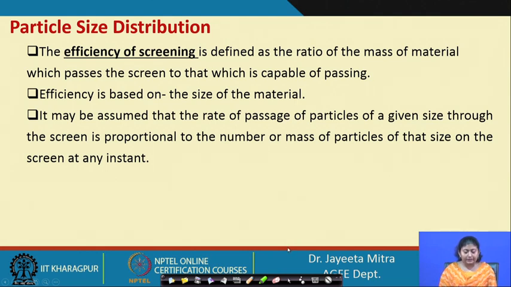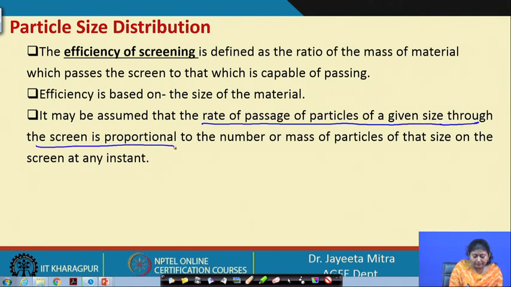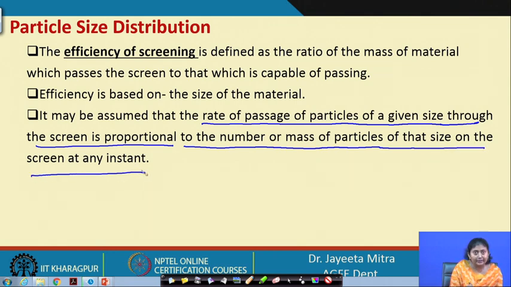It may be assumed that the rate of passage of particles of a given size through the screen is proportional to the number or mass of particles of that size on the screen at any instant. This is important because it will form the basis of analyzing the different particle sizes.